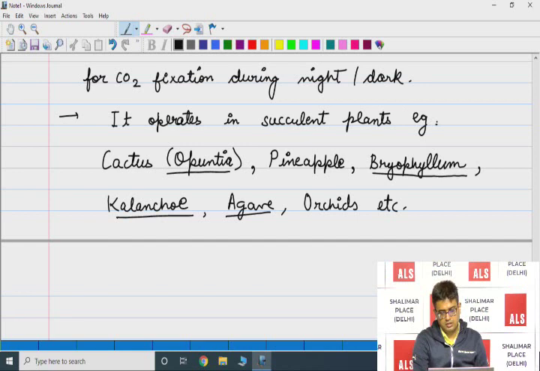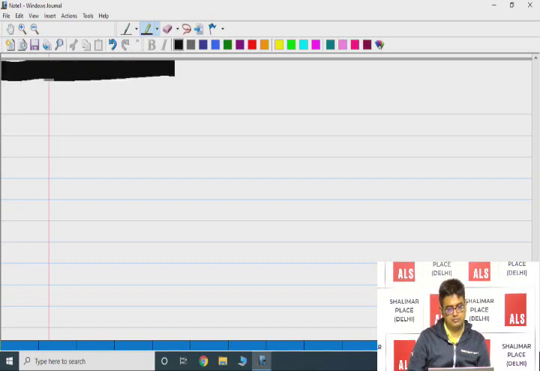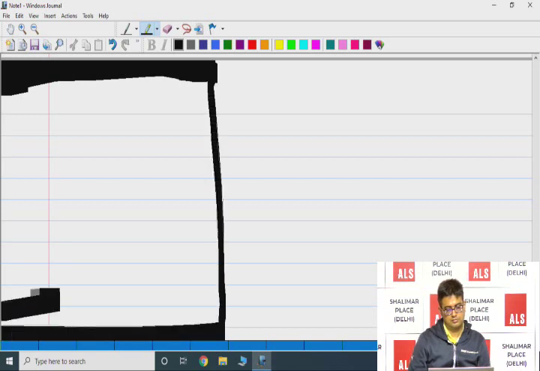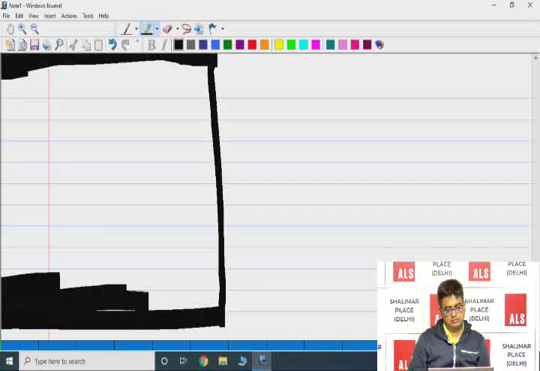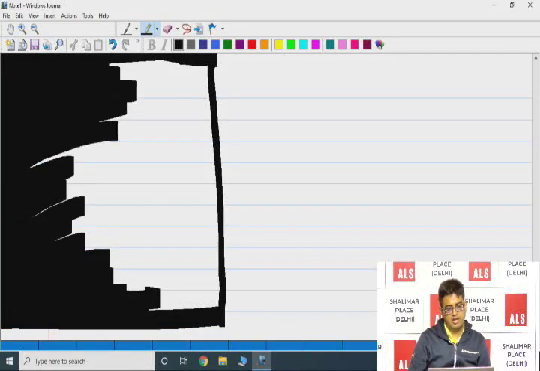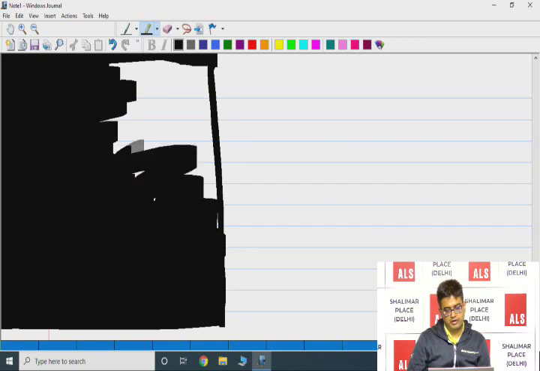Alright. So now I have to draw this cycle. This is what is happening during the night time. This cycle will have some part which is completed during the night time.